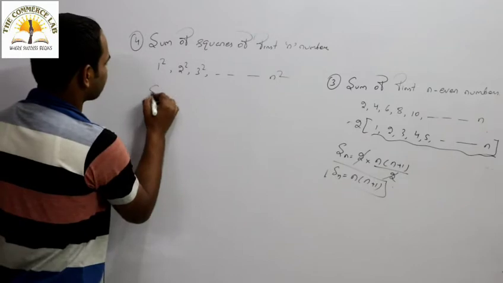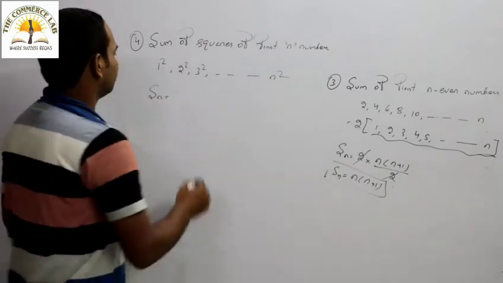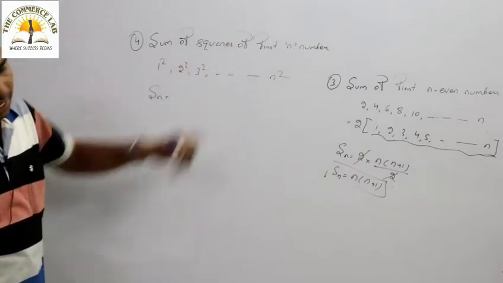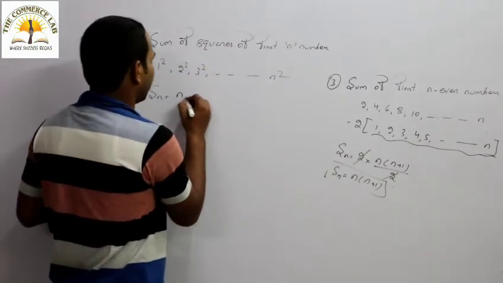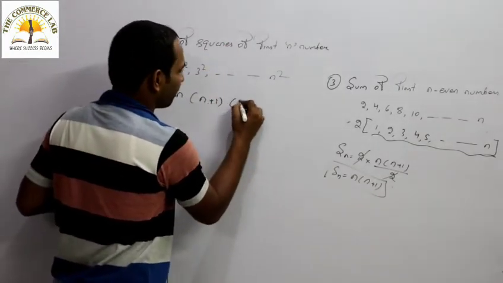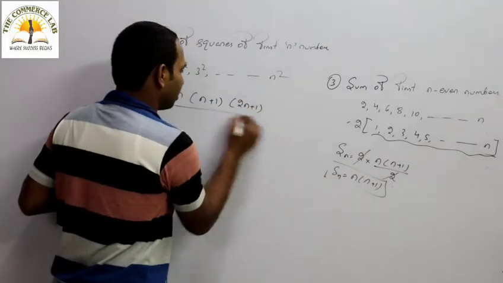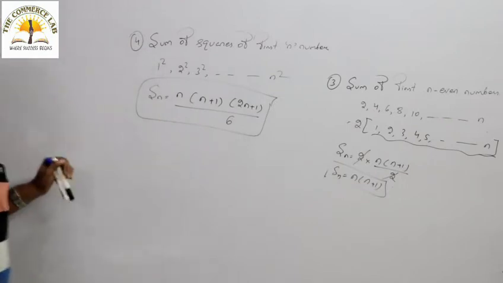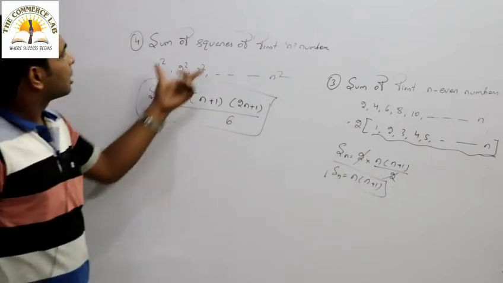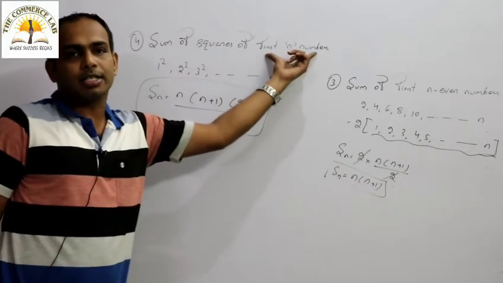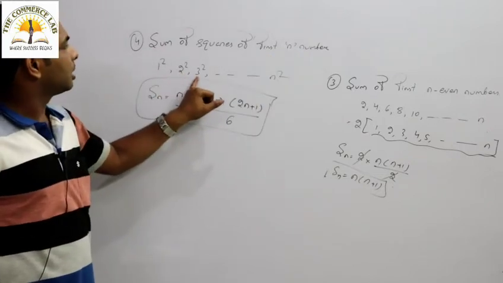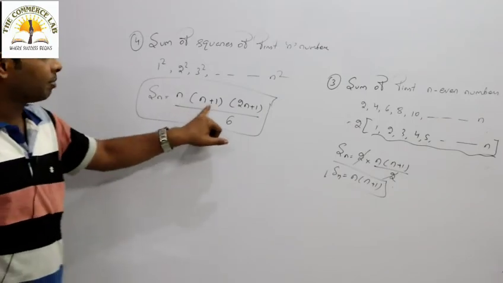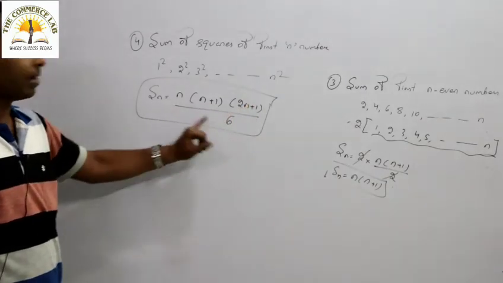Then Sn equal to n into n plus 1 into 2n plus 1 by 6. So this is your sum of squares of first n numbers, 1 square, 2 square, 3 square up to n square. Then Sn equal to n into n plus 1 into 2n plus 1 by 6.